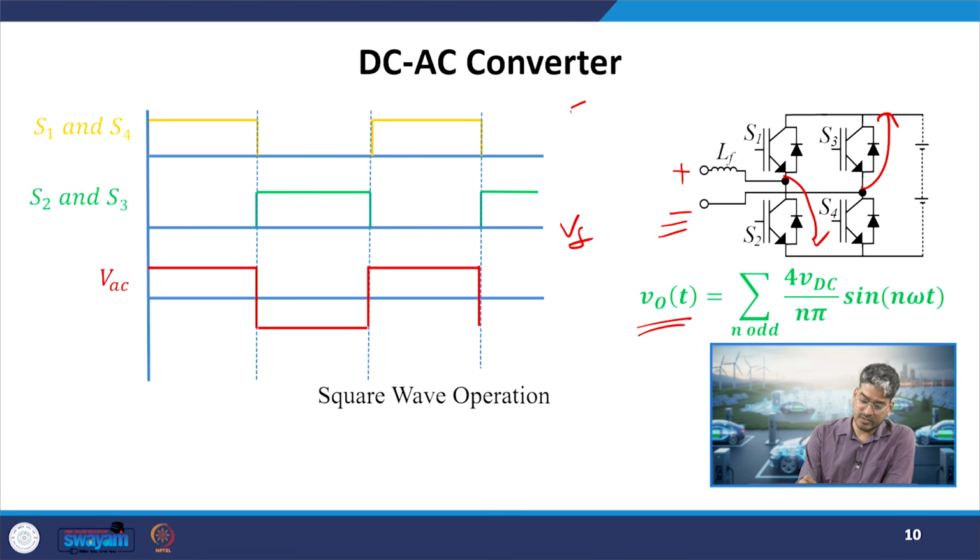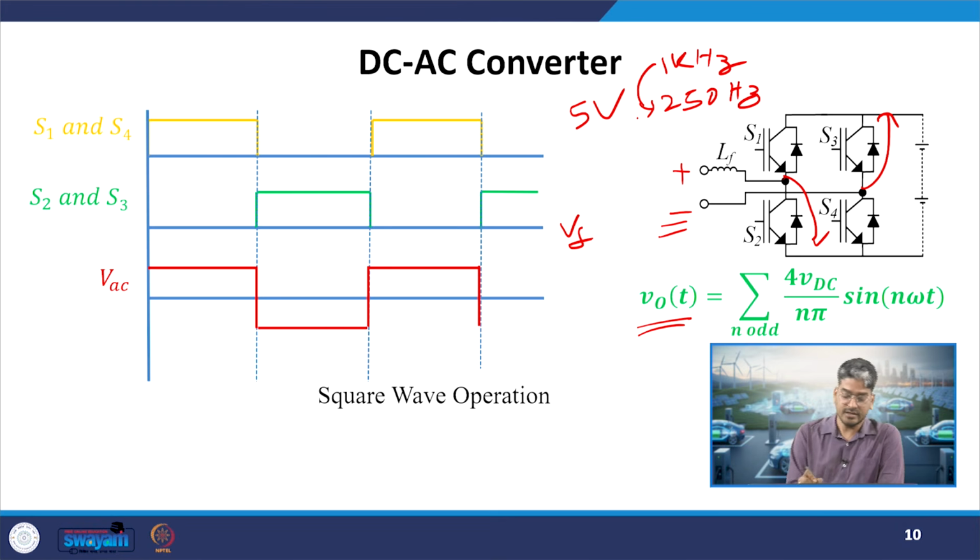Suppose I assume 5 volts at 250 hertz, which is the fifth harmonic, and on the other side we have 1 kilohertz, the 20th harmonic. Example, considering my source frequency to be 50 hertz, this becomes the fifth harmonic, and this becomes the 20th harmonic. Okay. So, in this case, which will affect the load in the worst way?